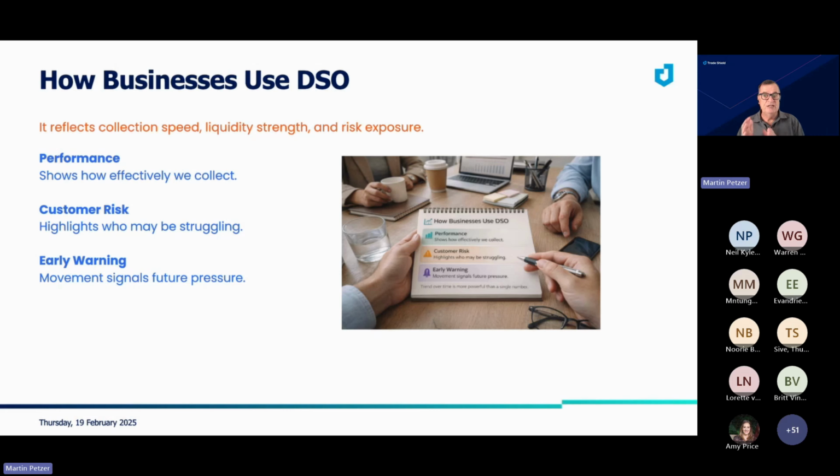In other words, is there a good possibility that they're going to default on you in the next 3, 6, 9 months? And when those changes happen, you should ask yourself the question, what is it that I need to do to rectify this or to prevent a default or a bad debt happening?